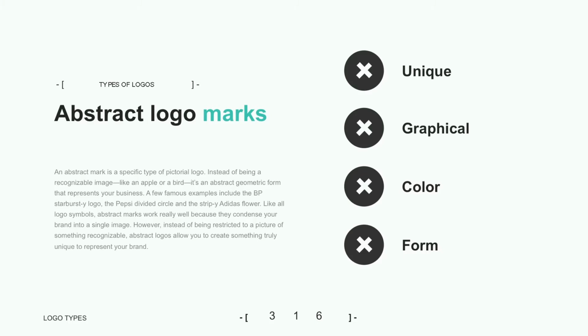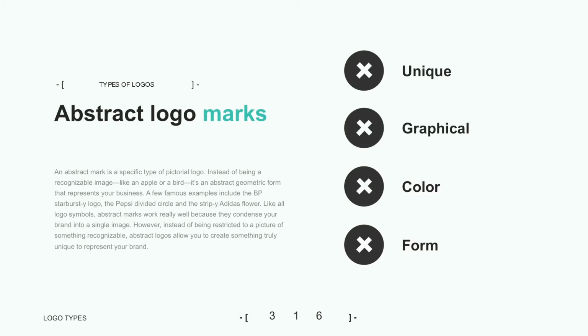Like all symbols, abstract marks work really well because they condense your brand into a single image. However, instead of being restricted to a picture of something recognizable, abstract logos allow you to create something truly unique to represent your brand.